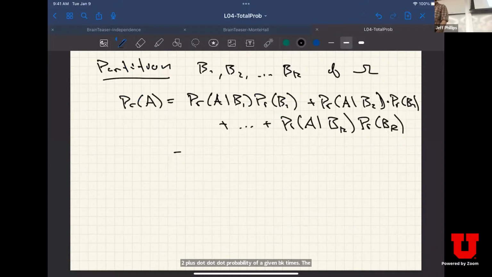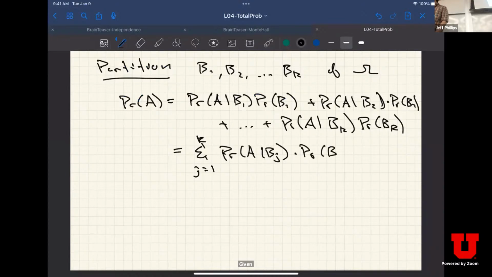Or more compactly written, the sum from j equals 1 up to K of the probability of A given Bj times the probability of Bj.